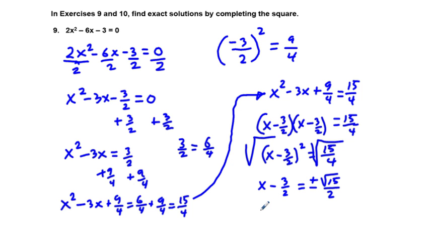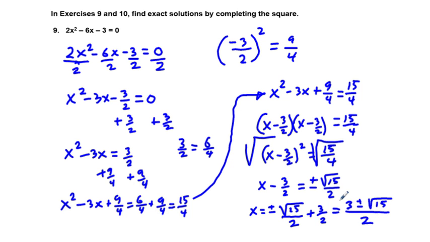In solving, adding 3/2 to both sides, we have x equals plus or minus square root of 15 over 2 plus 3/2, and that's going to be equal to 3 plus or minus square root of 15 over 2.